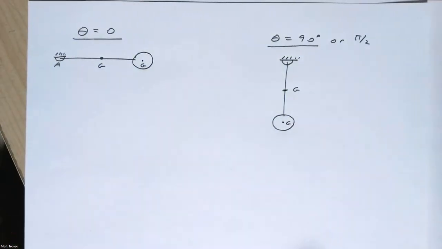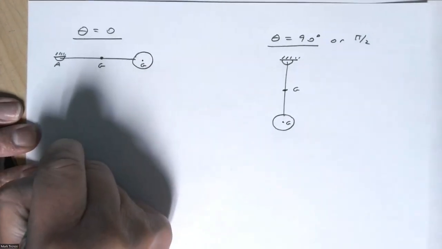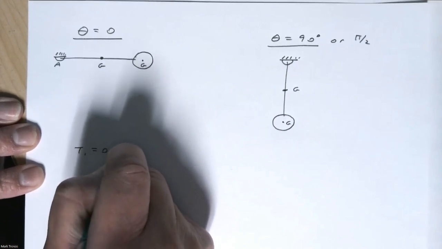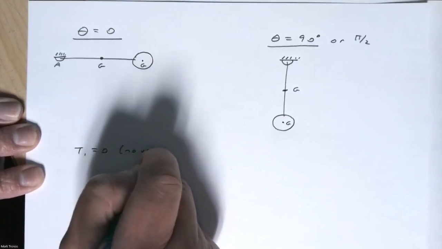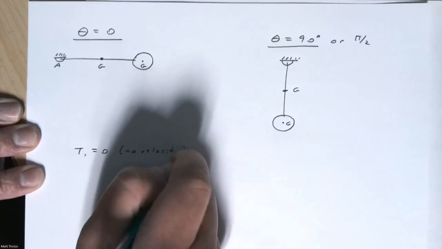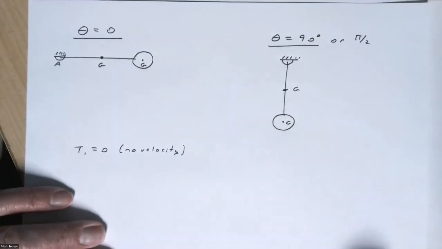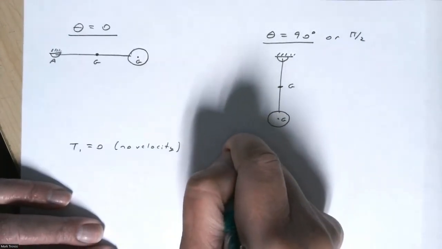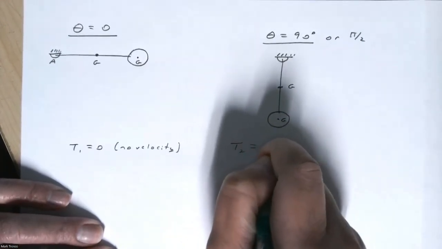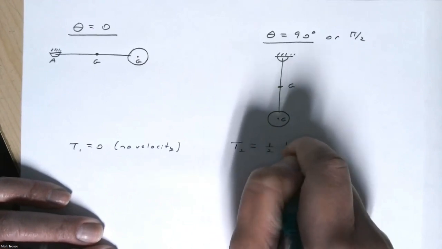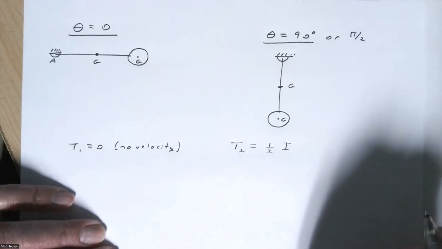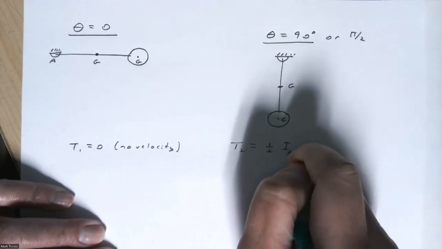So let's think about this. Of course, at the beginning here, there's no velocity. So at the first state, the kinetic energy is 0. And now at the end state, we can actually use this equation because we've calculated our mass moment about the center of rotation.